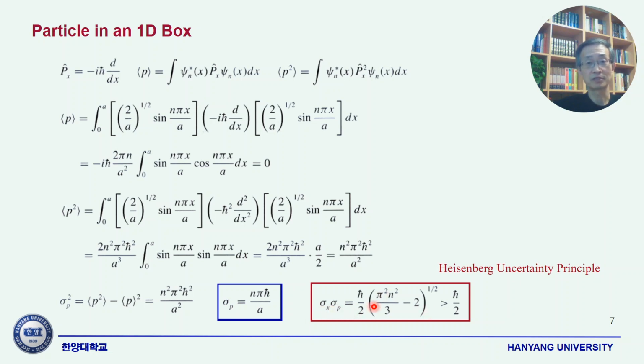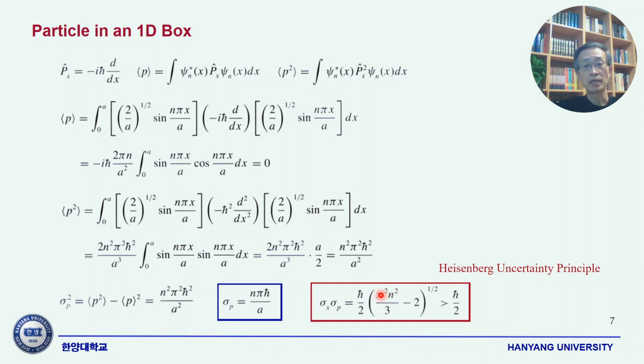Well, this is just done in such a way. Now, the smallest value of this uncertainty in x and p at the same time is at n equals 1. So what you have is pi square over 3 minus 2 pi square, where n is 1.